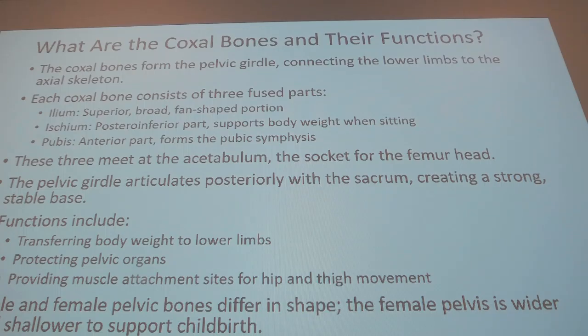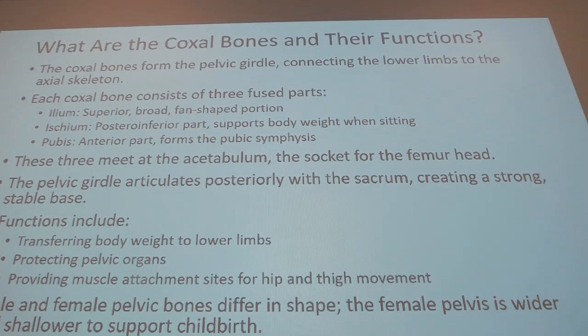But of course, with the shoulder we can do 360 more freely. But remember, this is just the complementarity of the shapes of the bones. So one has to be convex, the head, while the other one, in this case called the acetabulum, has to be concave, so you can have rotation.